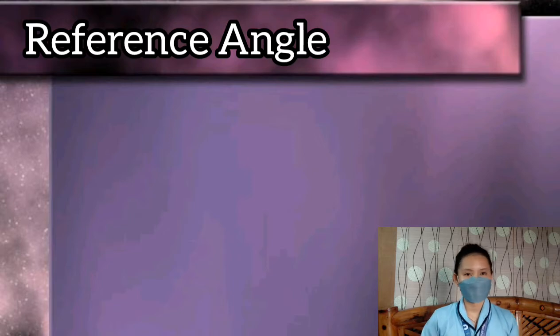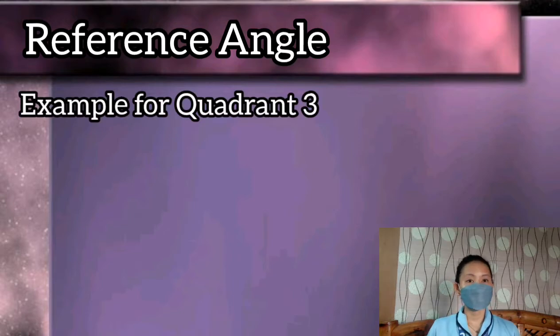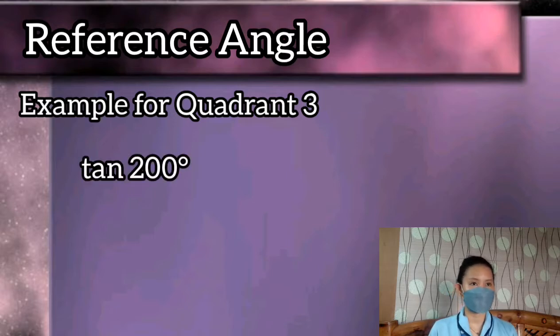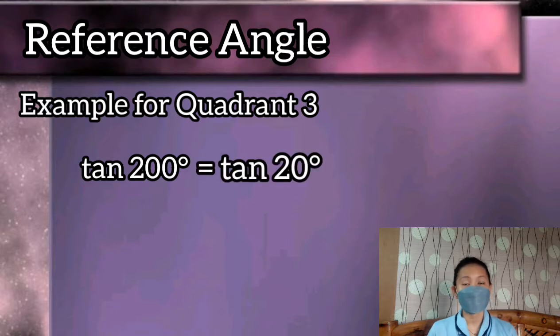So how about quadrant 3? For quadrant 3, who can solve tangent 200 degrees? Okay, so remember that in quadrant 3, the reference angle is equal to angle minus 180 degrees. So therefore, the answer for tangent 200 degrees is tangent 20 degrees. And since it is in quadrant 3 and it is a tangent, it is positive.